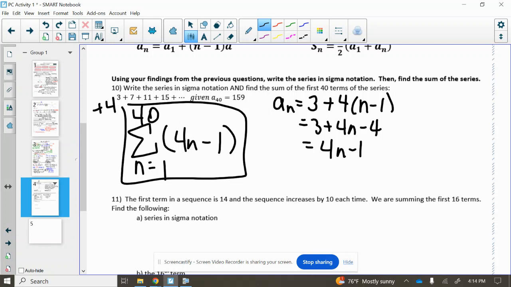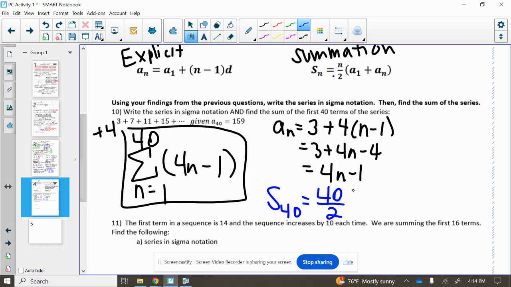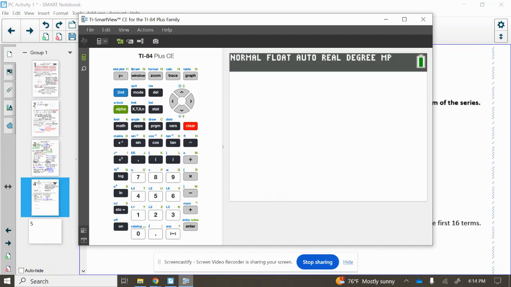So this is our rule for our sequence, and this is what it looks like in sigma notation. Now, if we want to find the sum of the first 40 terms, we take those first 40 terms, divide by 2, so n divided by 2, our formula, and then we need our first term value, which is 3, and that 40th term value, which they told us is 159, and we sum those together.